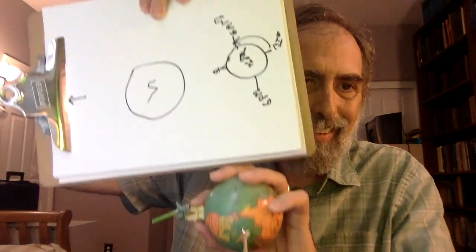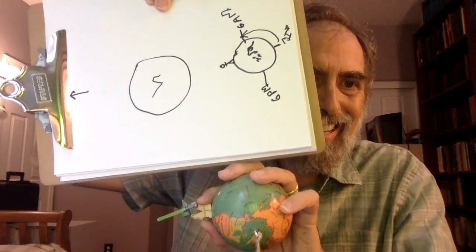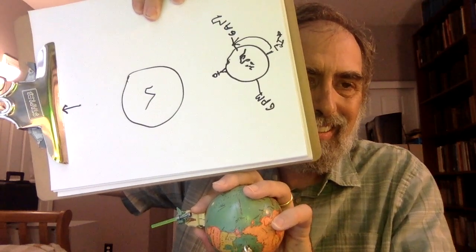Now, this picture is the same as this picture, right? It's the same picture. But maybe it's a little easier when you think of this as standing on a globe, because that's what was going on.